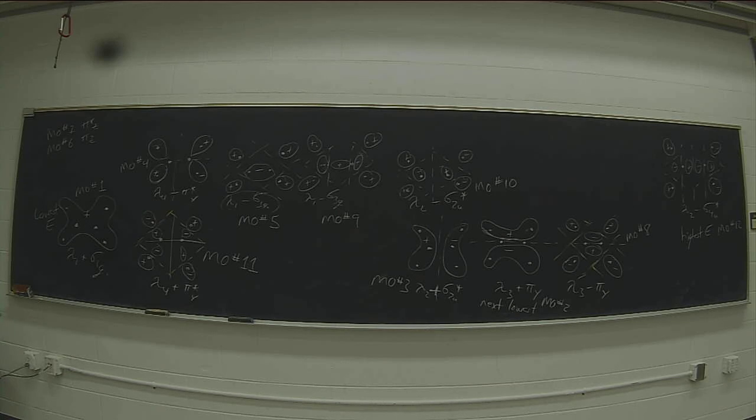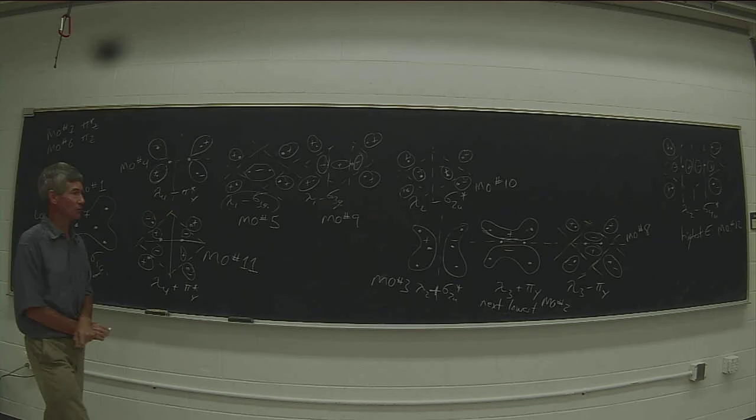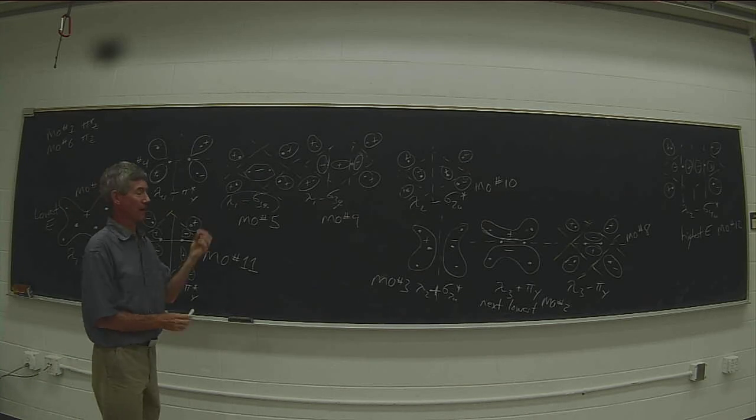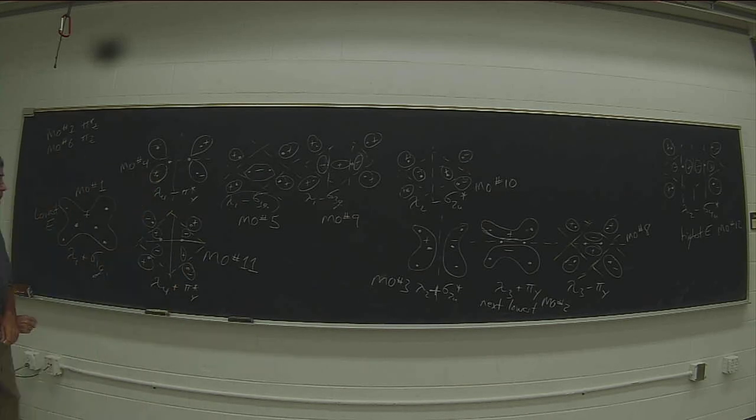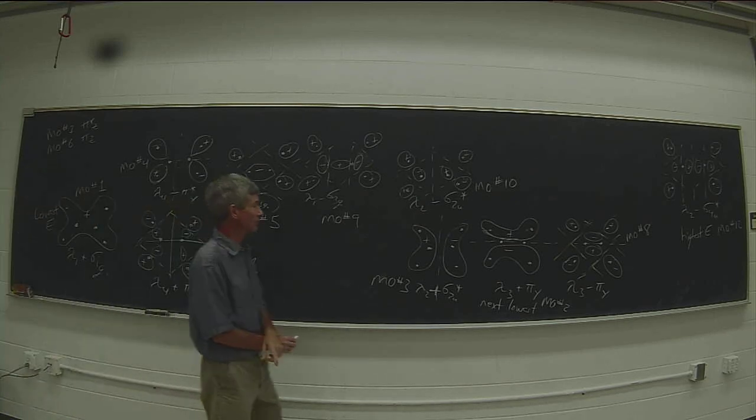There are actually no degenerate pairs of orbitals in ethylene. Every orbital is at a separate energy level because none of them have the same combination of bonding and anti-bonding interactions with respect to all of the different atoms. Always the lowest energy is the one with the minimum number of nodes, and then you go up in energy as the number of nodes increase.